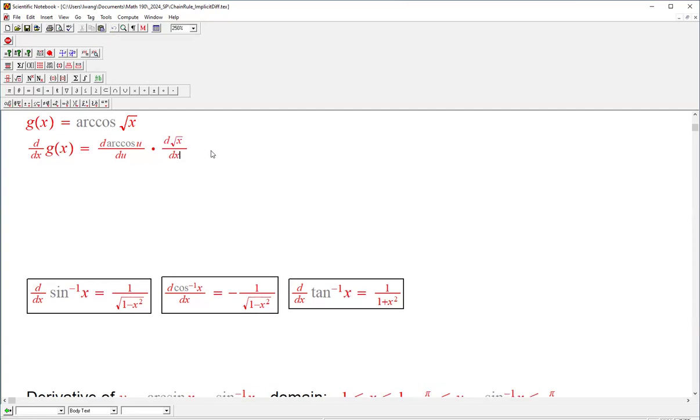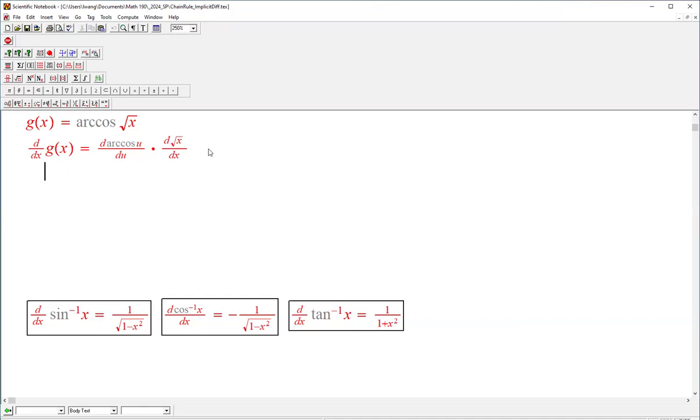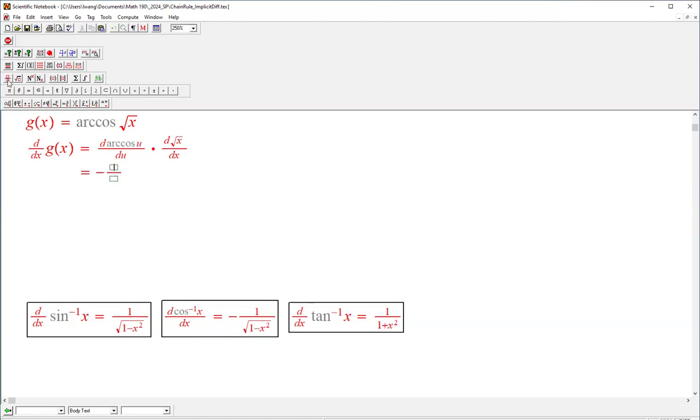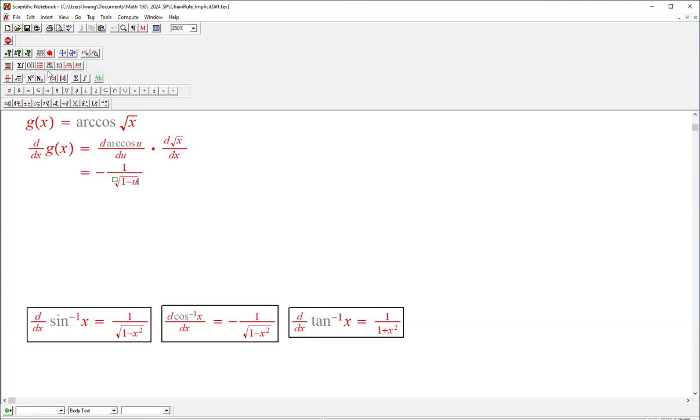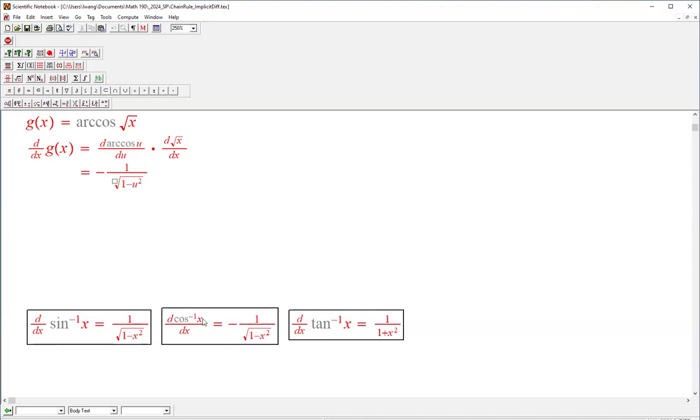There we go. And the next step, we know that the derivative of arc cosine is equal to negative 1 over, right? But this is for x, and we have u here. So the derivative is going to be negative 1 over square root of 1 minus u squared. Okay, so if this is x, this is x squared. If this is u, with respect to u, that's going to be u squared.